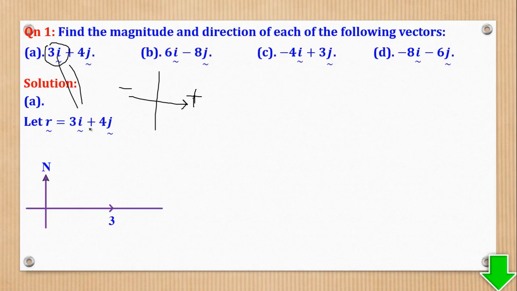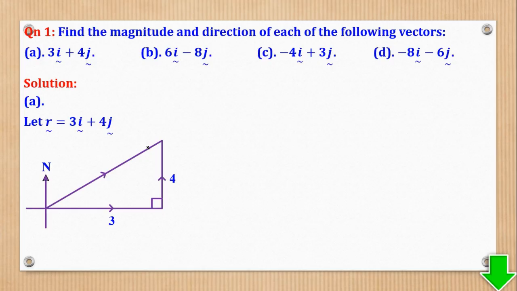Then this one is also positive, meaning it will go up, since vertically upward is positive. Then the resultant is the line joining the starting point to the end point, and the arrow matters. The arrow must point from start to end. Therefore, we shall join those 2 points with a straight line and call it our resultant.